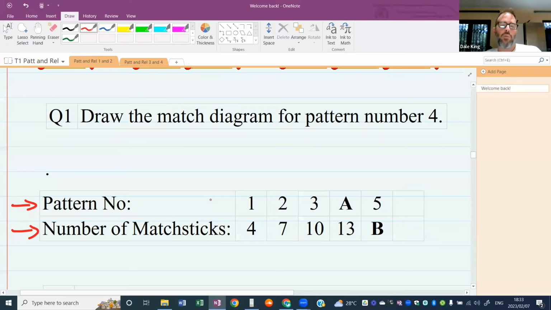Someone please help me tell me which one is dependent and which one is independent. Guys, please turn on your microphones, I would love to hear your voice. The pattern number is independent. Who was that? Me. Aballo, thank you so much.